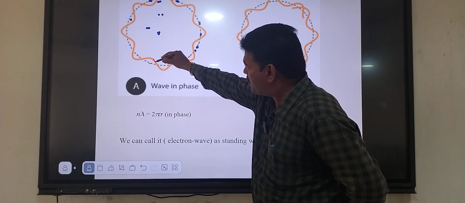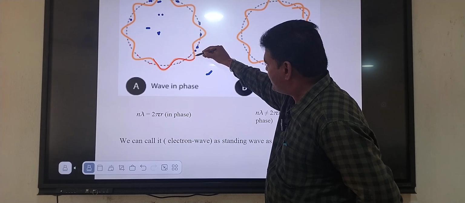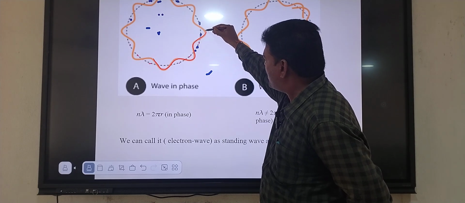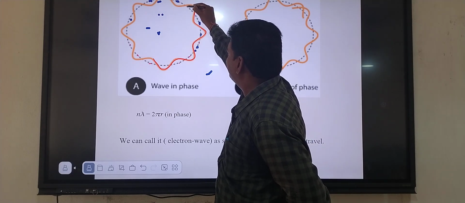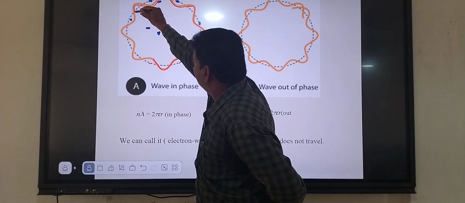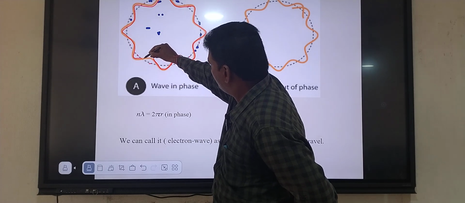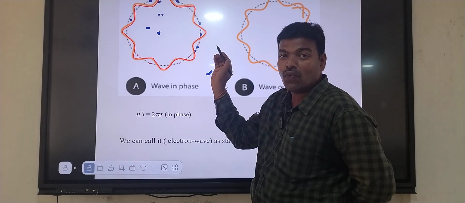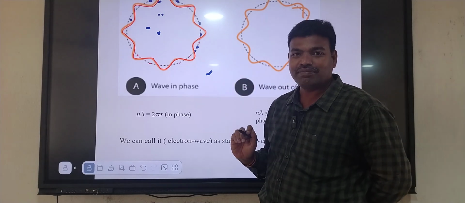This is the wave motion of this electron wave, the wave nature associated with the electron.